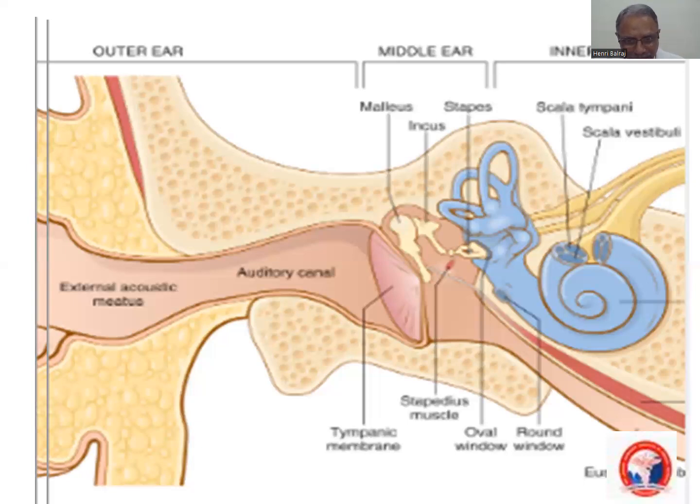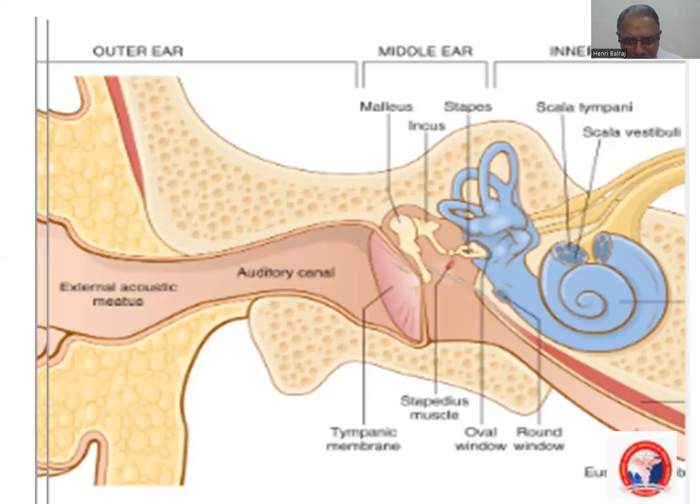Vibration, rarefaction, and compression of air in the auditory canal and external auditory meatus is transmitted to the eardrum, or the tympanic membrane, which vibrates. The ratio between the tympanic membrane and the oval window is 17 to 1.